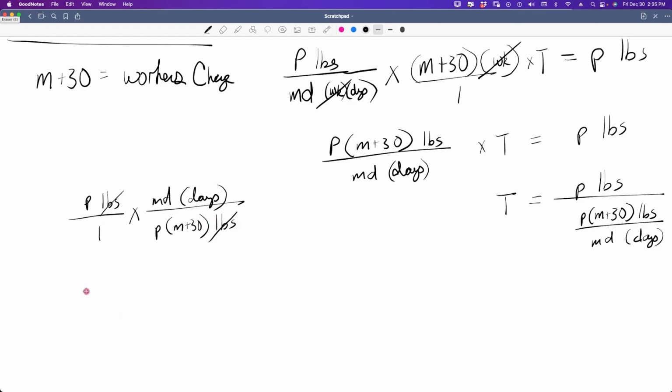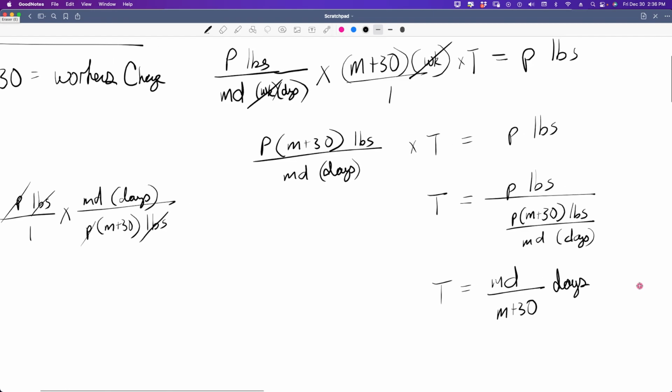Pounds cancels, P cancels. So the amount of time is going to be determined by M times D over M plus 30, and that's in days. And that is my answer.